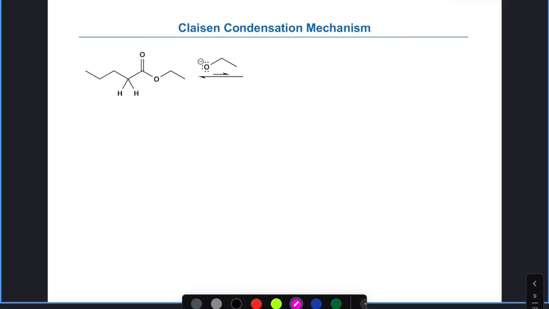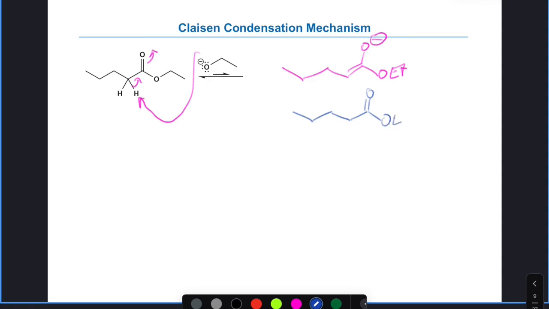Step 1, deprotonation. Then we have our second molecule, undeprotonated. We're going to do our nucleophilic center attacking our electrophilic center to make our new carbon-carbon bond.